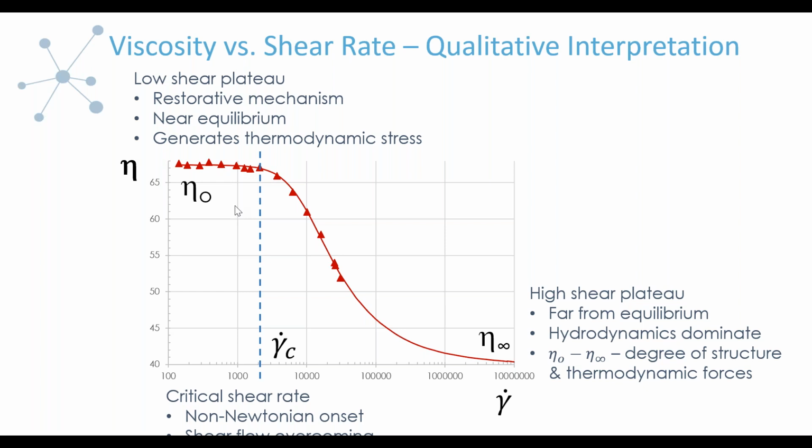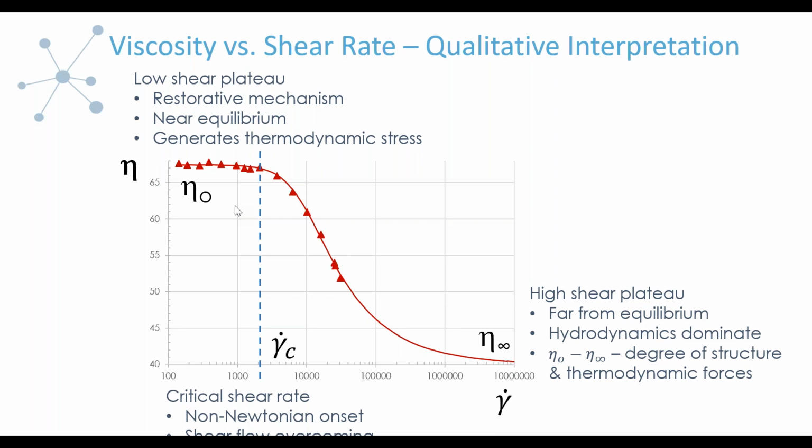So at some point we have this competition between the mechanism acting to maintain equilibrium and the shear flow that's acting to disrupt or perturb it from equilibrium. At some point these start to balance each other out, and we see the onset of non-Newtonian behavior, in this case shear thinning, which is generally the most common case. So what's happening is the shear flow is now overcoming this resistance, and viscosity starts to decrease as you increase shear rate.